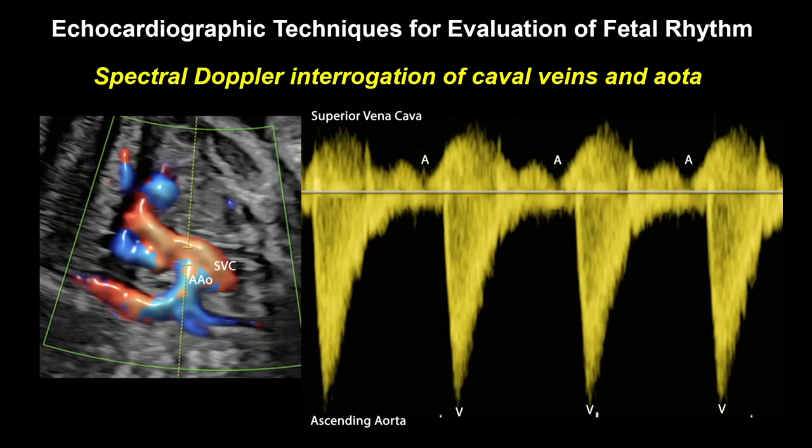So another Doppler technique that also was proposed as the first method using the spectral Doppler is the simultaneous visualization of the blood flow in the superior vena cava and the ascending aorta.